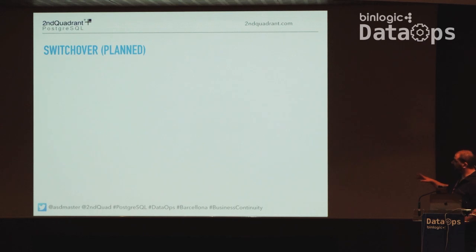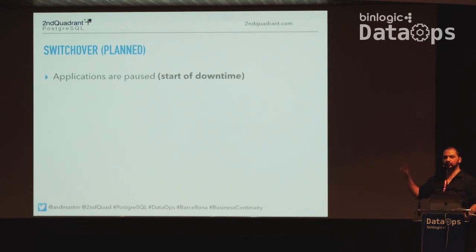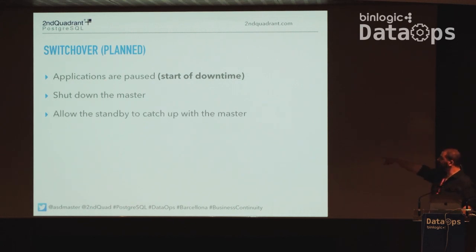You can plan to have a switchover. This means manually switching the roles between the Stark and Roger servers. You should stop your application and obviously start a downtime. We are talking about a downtime of 1 minute, if it's automated correctly. Shut down the master, allow the standby to catch up if necessary, promote the standby to master, and switch virtual IPs.